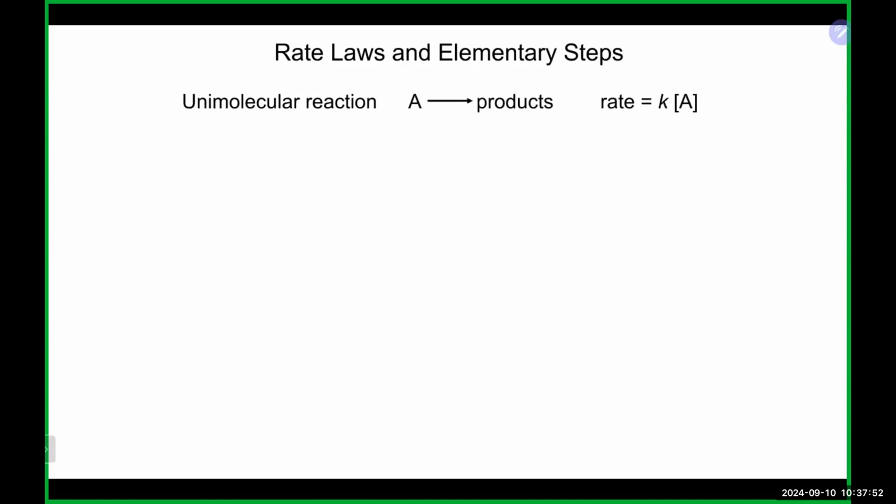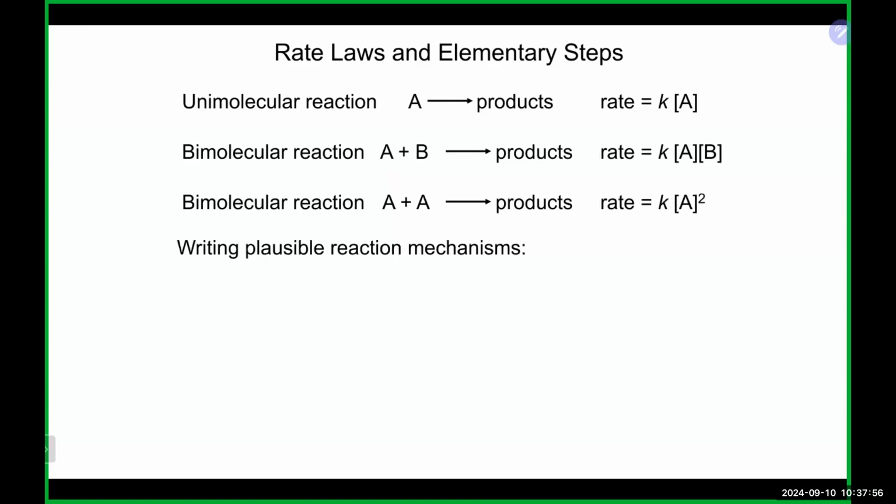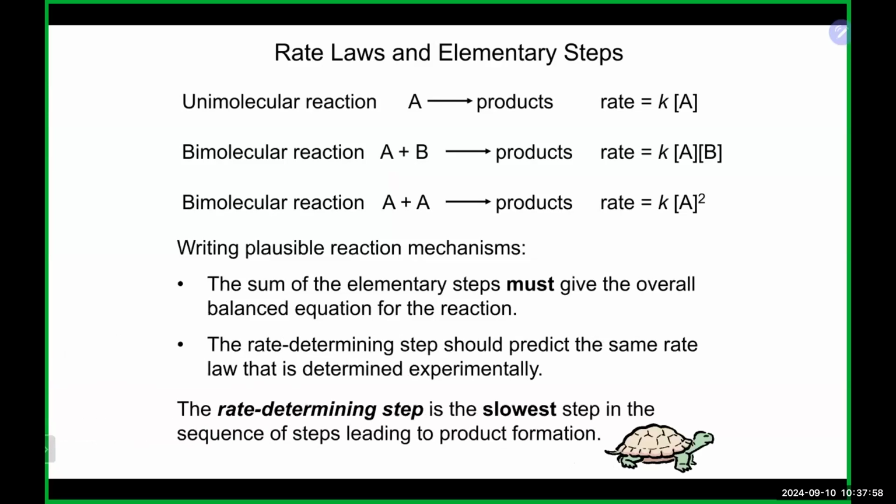Now, one of the things that you are allowed to do when you are dealing with reaction mechanisms and writing rate laws is something that we normally are not allowed to do in kinetics, which is that for any elementary step, we can use the coefficient as the order.